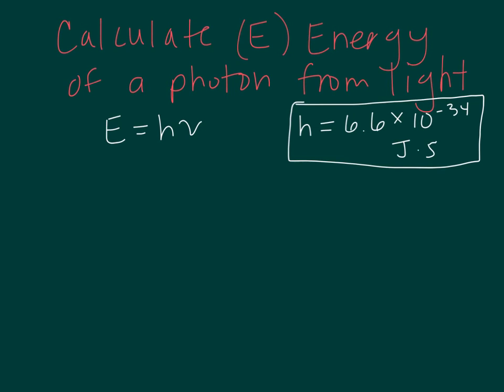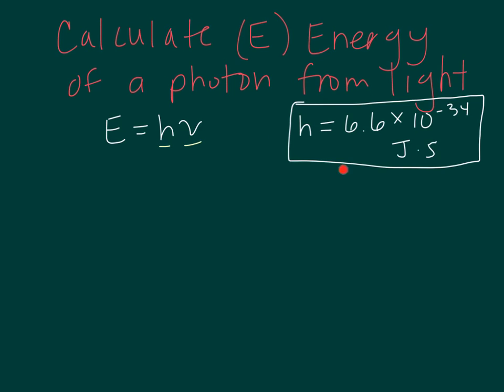Now on this slide, I want to discuss how to calculate E. The equation for calculating the energy of a photon is E equals H times V. Remember that H stands for Planck's constant and V stands for frequency. On the last slide, we calculated the frequency, so we're going to plug that value in here, and then use the value of H that they're providing.